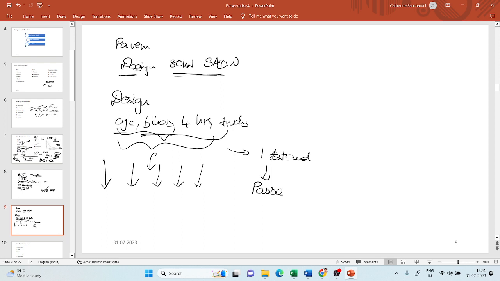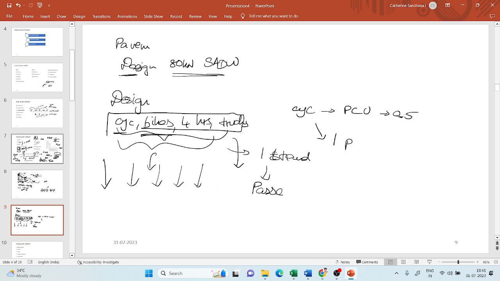So you convert all these vehicles into passenger cars. So if I say my cycle has a PCU value of 0.5, one passage of cycle is equivalent to 0.5 passes of passenger car. Okay, so that is the concept.